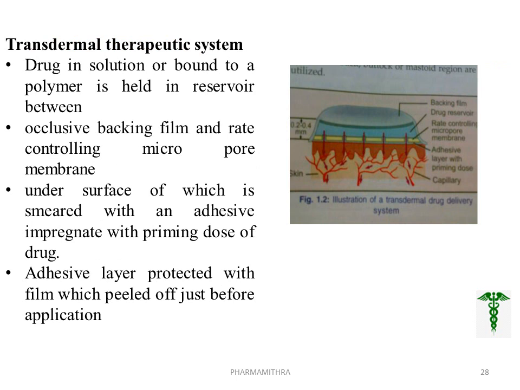These are devices in the form of adhesive patches of various shapes and sizes. This is an illustration of the transdermal drug delivery system. Here, the drug in solution or bound to a polymer is held in a reservoir between the occlusive backing film and a rate controlling micropore membrane, under the surface of which is smeared an adhesive layer with a priming dose of the drug.